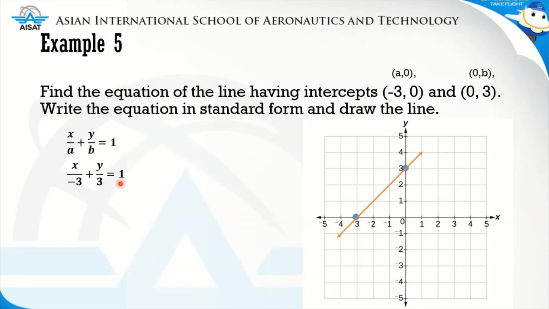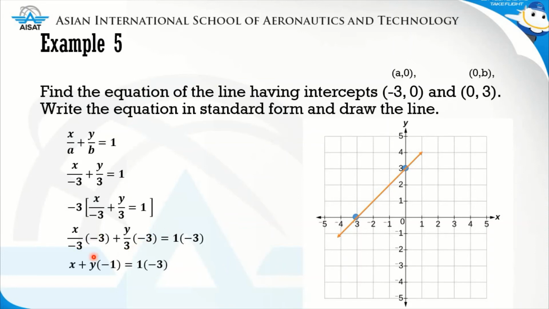So next we multiply this equation by the greatest common denominator, which is negative 3, distributing negative 3 to each of the terms. So we'll have x over negative 3 times negative 3 plus y over 3 times negative 3 is equal to 1 times negative 3. So we'll be able to cancel out these values.